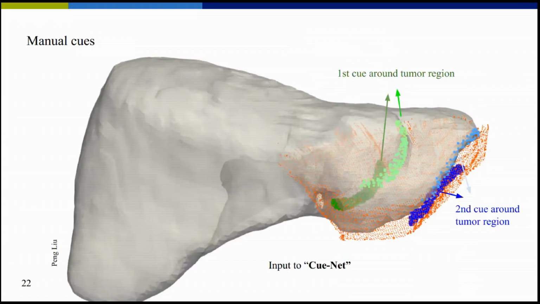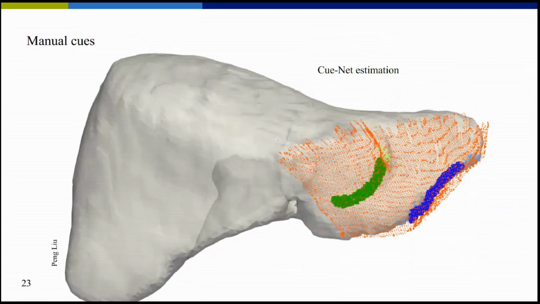It's not an exact match, but this area should be here roughly. And then we input that to something we call QNet, which is an iteration on this V2SNet. QNet then takes this into consideration to hopefully correct the result. That's something we're trying to publish right now.